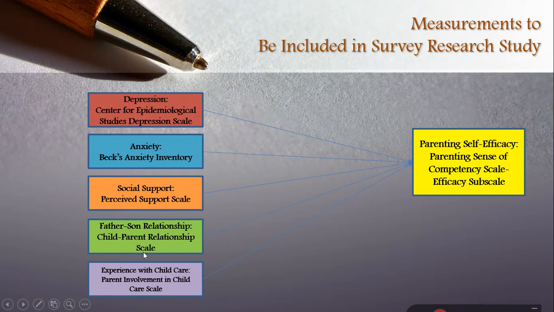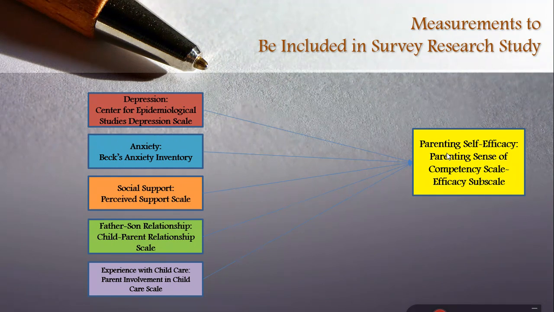For the father-son relationship, I selected the Child-Parent Relationship Scale. For experience with childcare, I selected the Parent Involvement in Childcare Scale. And finally, for parenting self-efficacy, I selected the scale that we've been talking about over the past couple of lectures, which is called the Parenting Sense of Competency Scale, more specifically the efficacy subscale.